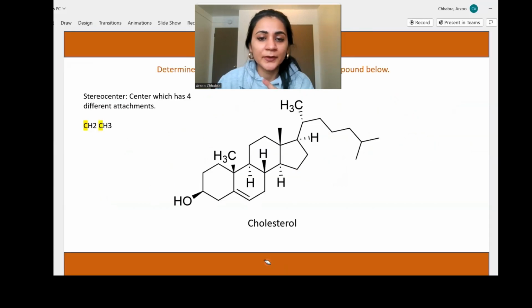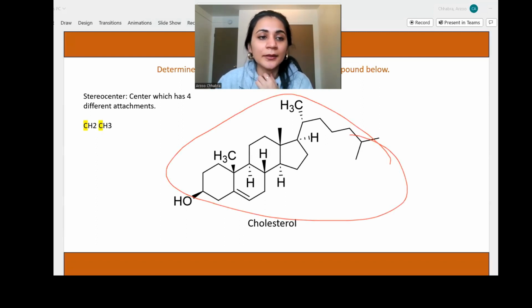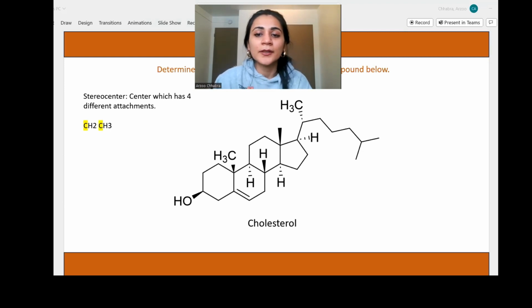So if we go back to the plane of a paper, there we see that this is actually how it's drawn when we see the molecule of cholesterol, right? So now let's talk about stereocenters and what actually is a stereocenter, first of all.